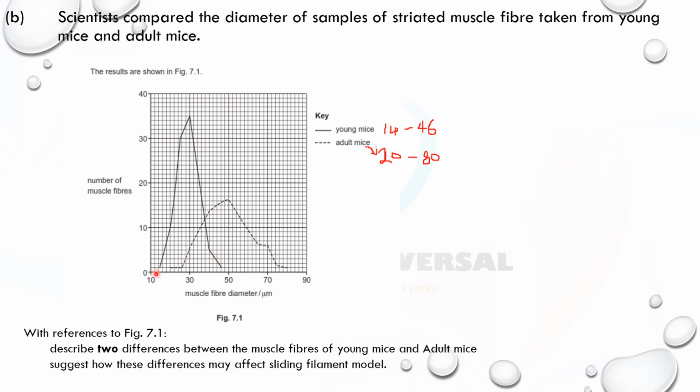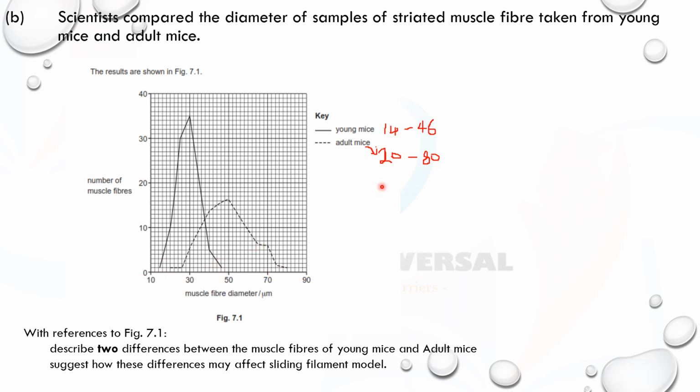Remember, we're connecting it to the topic. Smaller diameter means fewer myofibrils, or sarcomeres. That means fewer proteins like myosin and actin, which means slower, shorter contraction of the sarcomere.